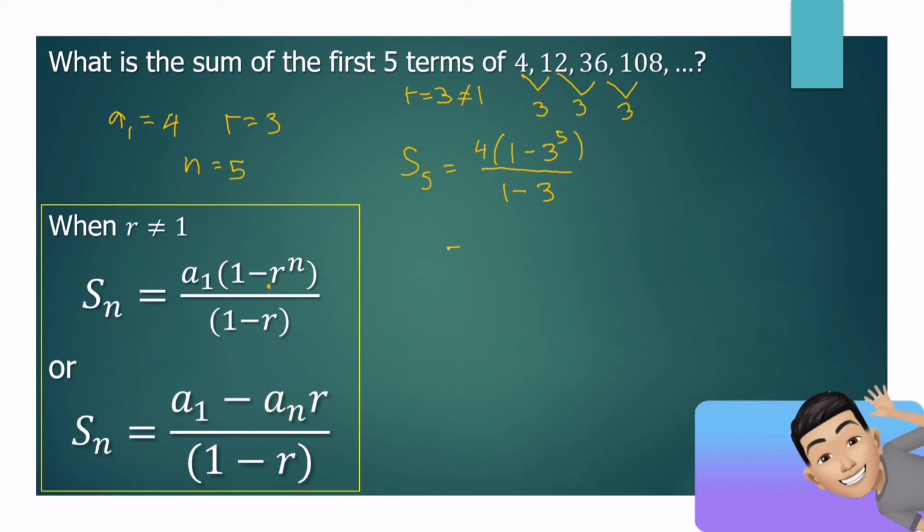And we now have 4 times what is 1 minus 3 raised to 5.